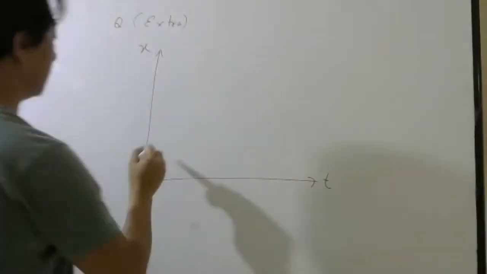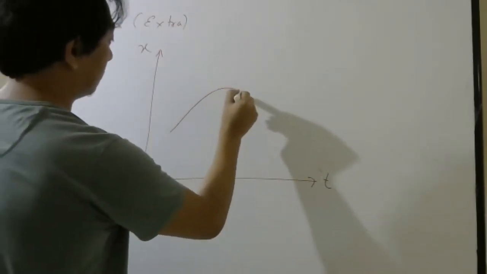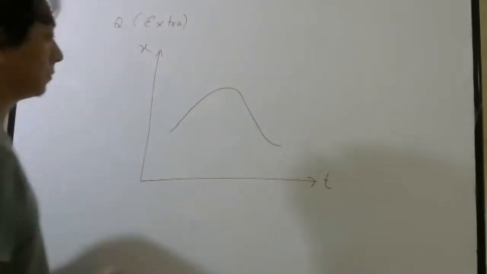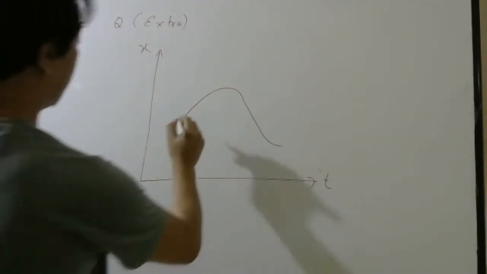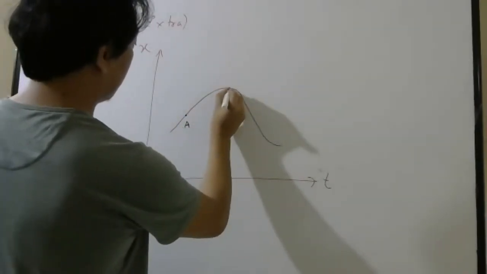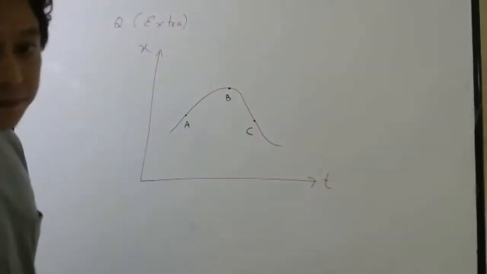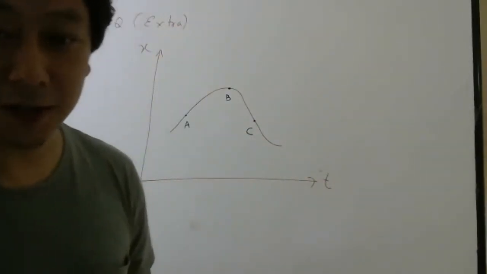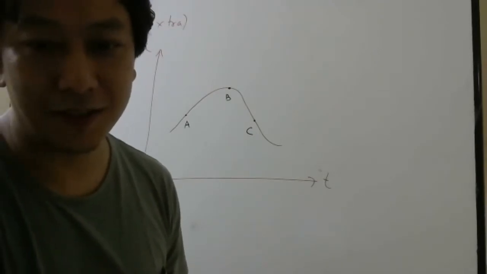I am giving an x-t graph. For this kind of graph, this is A, this is B, this is C. One specific student I will ask, not all the students.